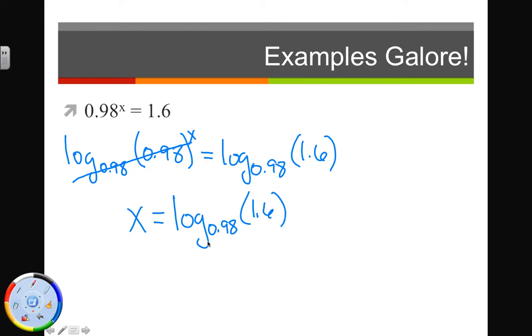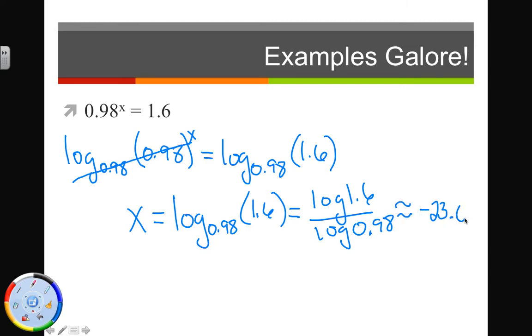Well, what's nice is this. You could technically plug this into calculator just like this, or you get, with the change of base formula, log of 1.6 divided by log of 0.98, which again is approximately negative 23.264.